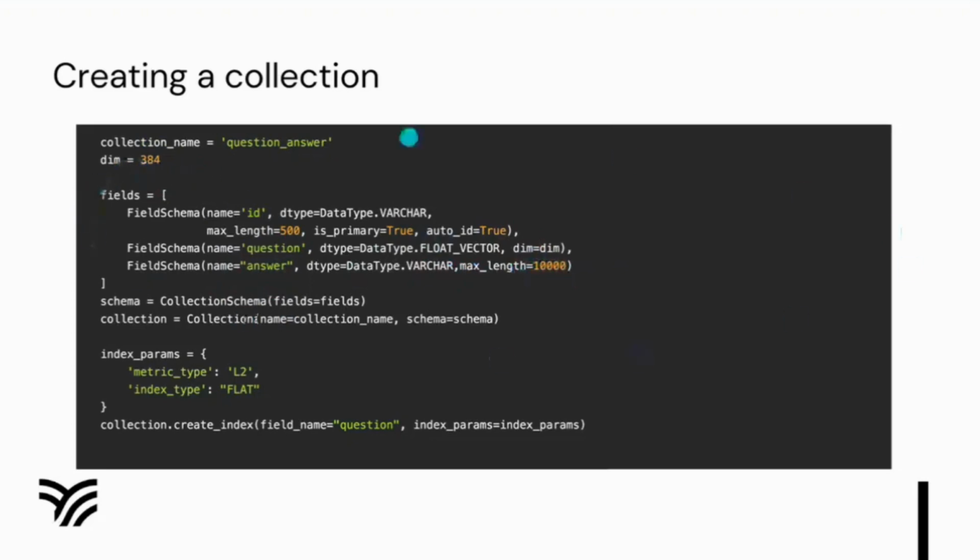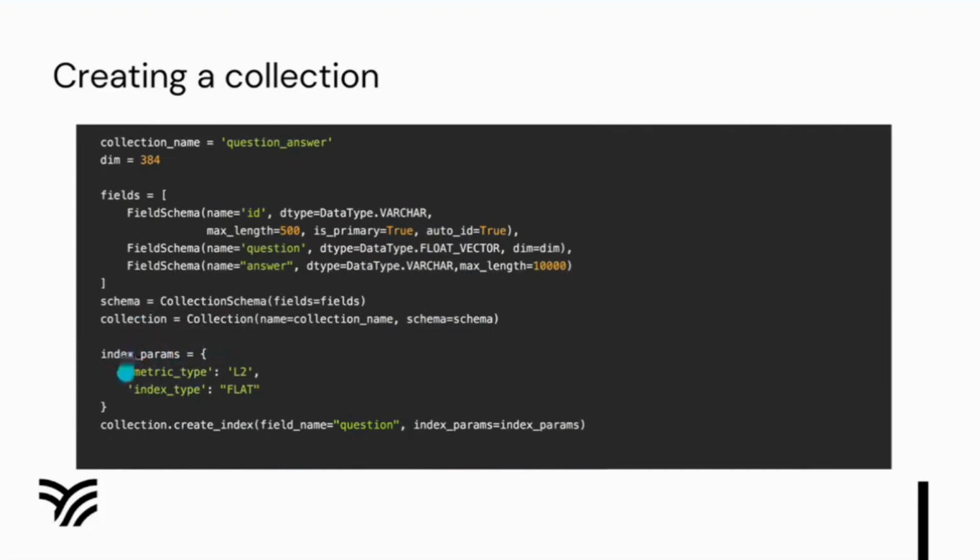So this is the schema of our question answer collection. This line will create a new schema, and this line takes the collection name and schema and initializes our new collection.